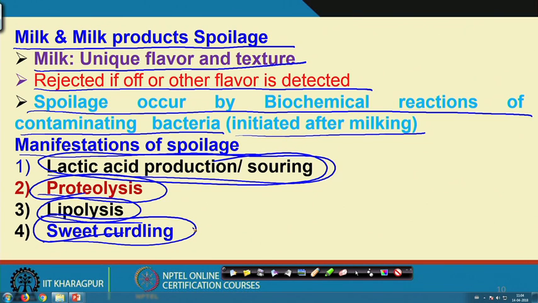So, there could be curdling, that is the casein, that protein may come out because of the acidity, right. So, these are some of the manifestations of spoilage in milk, that lactic acid producing bacteria cause souring, and it may be not only milk, but milk products also.